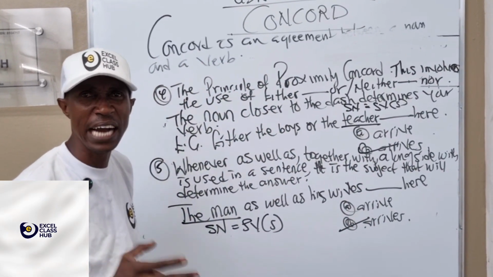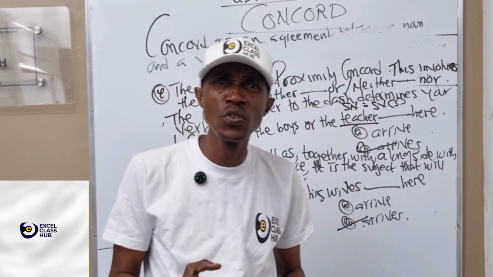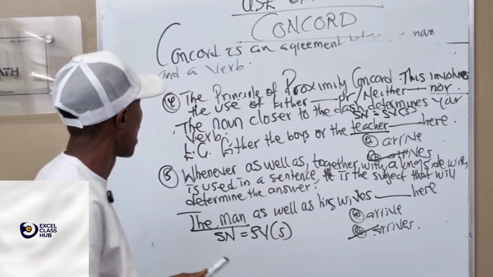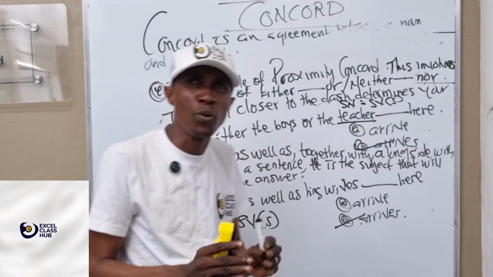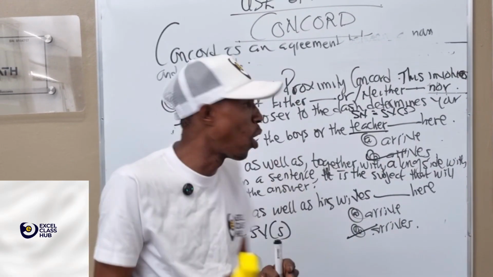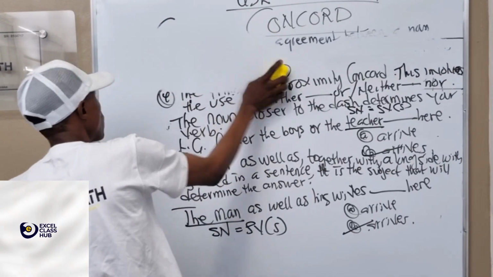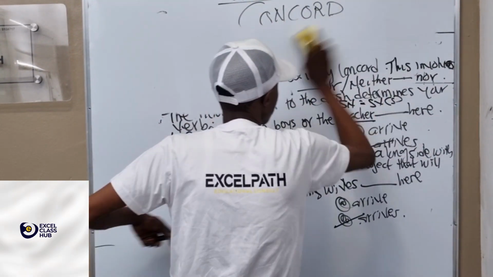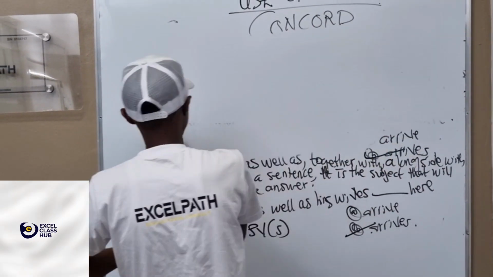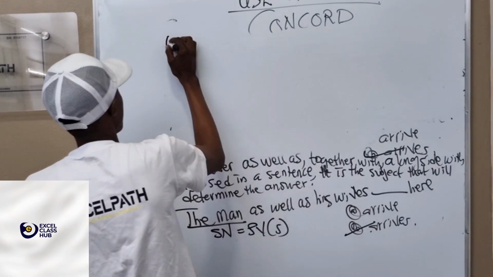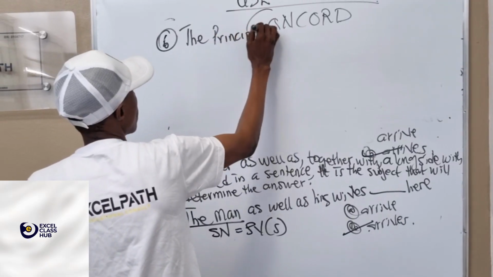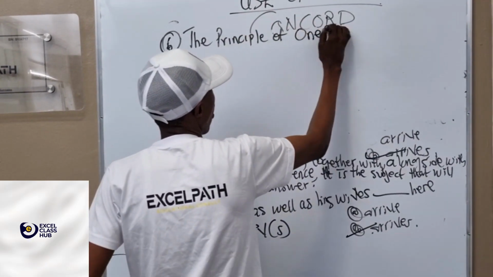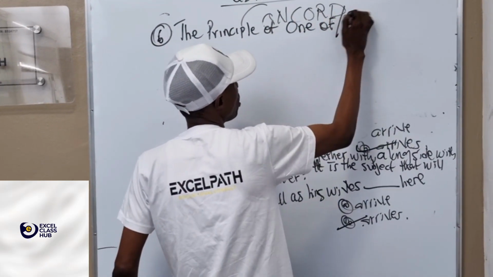Arrives. You can't change the principles of Concord, and that is why you have to ensure you know these principles one after the other. Now, the next principle that I want to see is the principle, that's number 6, the principle of one of / each of.